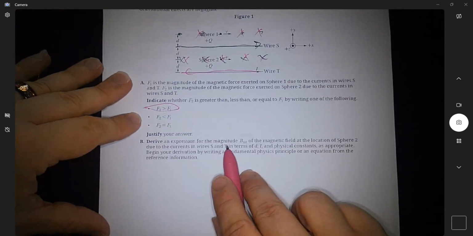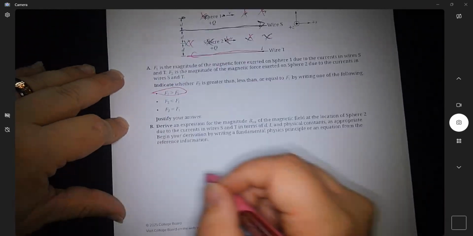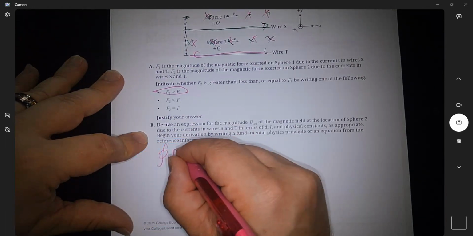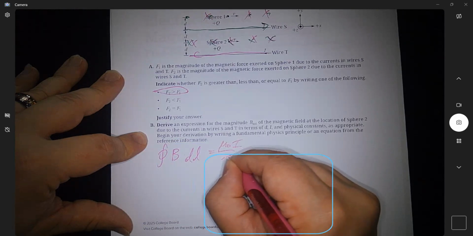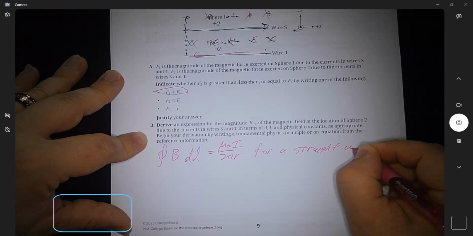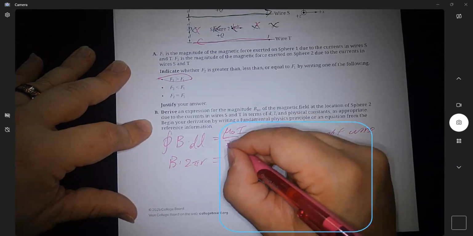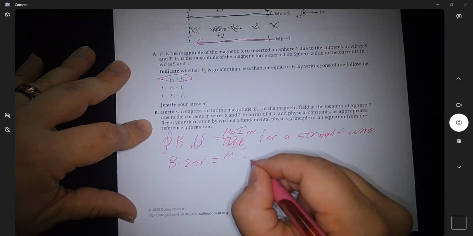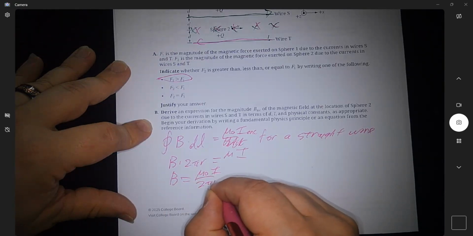Derive an expression for the magnitude B total of the magnetic field at the location of sphere 2. Okay, so I think in AP Physics C, E and M, you have to start with Ampere's law. For a straight wire, B times 2 pi r equals, shoot, I didn't mean that. I meant mu naught I enclosed. That was a Freudian slip. Okay, mu naught I enclosed is I, and so B equals mu naught I over 2 pi r.